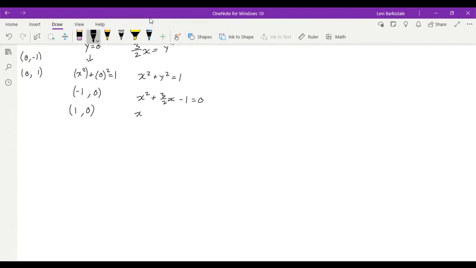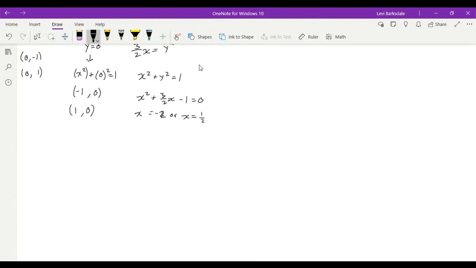Then from there, I get that x is either equal to negative 2 or x is equal to positive 1/2. And because I know that 3/2 x is equal to y squared, I can use it to solve for y.